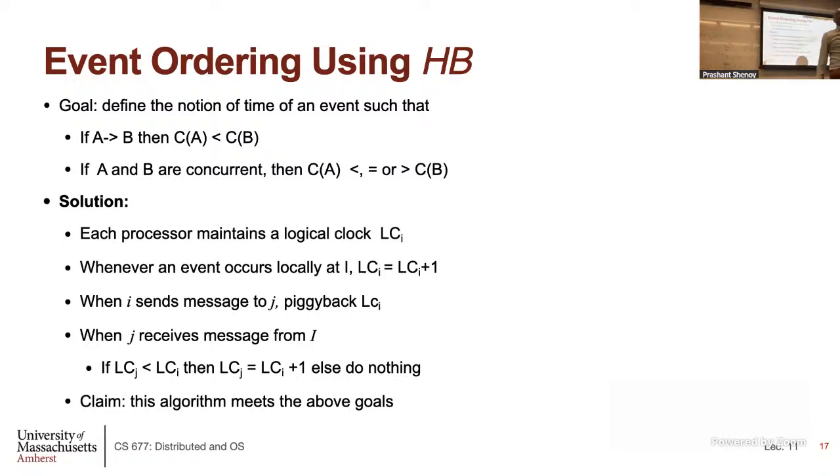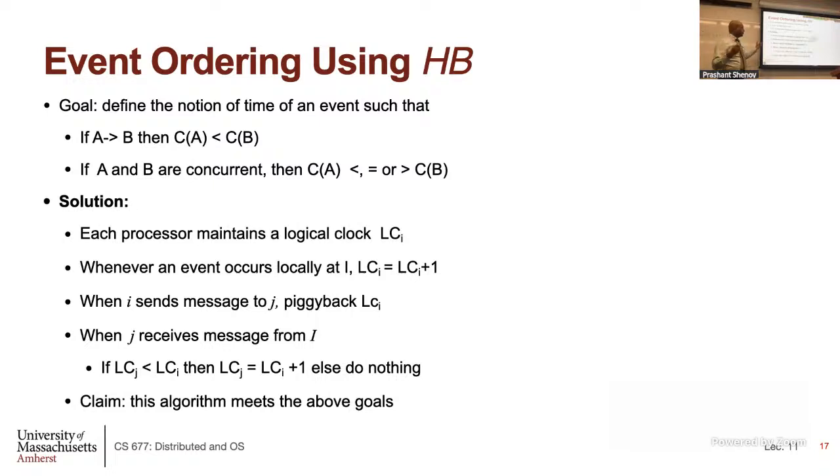First time an event occurs, you will increment it by 1 and give it logical clock value 1. Another event occurs in that process, you will increment that clock and give it logical clock value 2, and so on. So every time within a process any event occurs, you are going to increment the clock. Just an integer. You are going to maintain this integer.